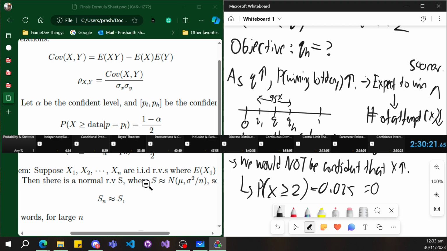Bayes' theorem was pretty big, about half an hour. PNC took about 6 minutes, and inclusion-exclusion took about 7 minutes. Discrete and continuous took forever. CRT took a while. Parameter estimation took a while. Confidence interval took a while too.